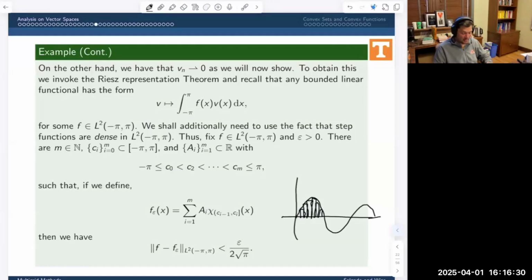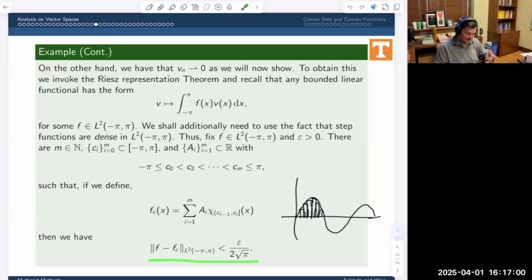It's a little more structured than that. These are the same step functions that appear when you're defining Riemann integration. So this is the general form of a step function, at least the ones we're going to be interested in, with these little pillars that you would construct.